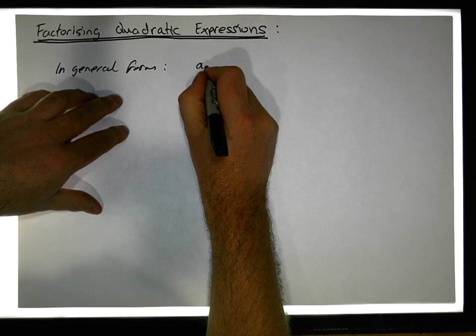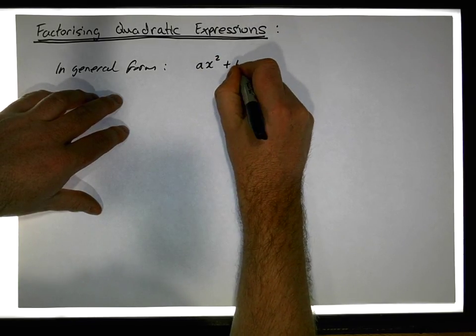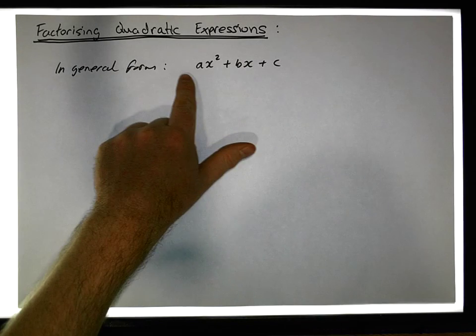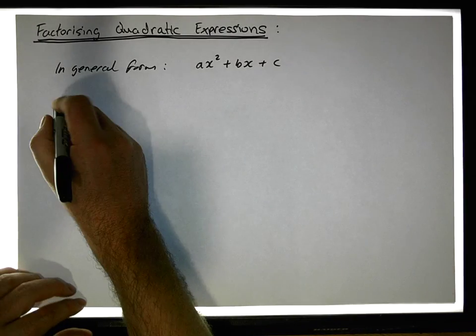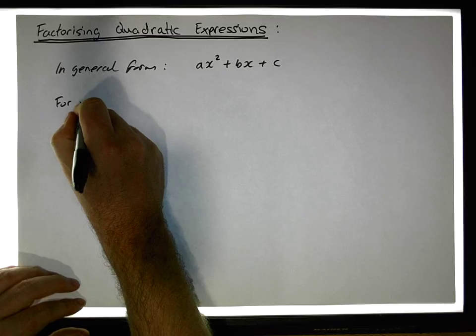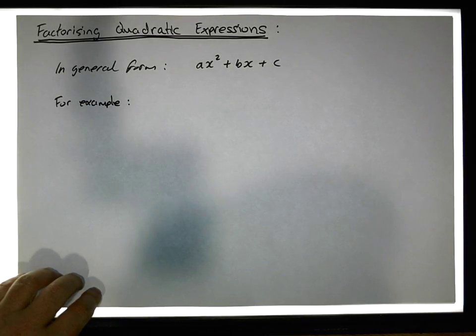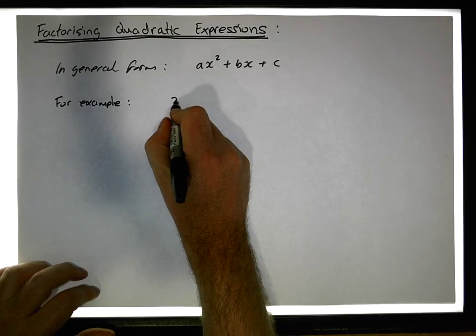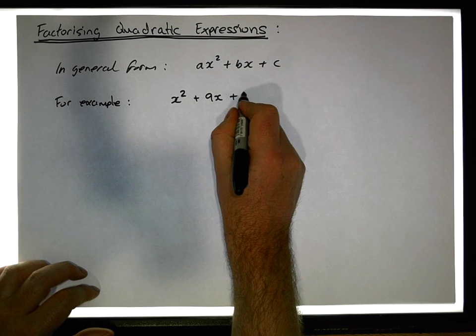It's typically a constant times x squared plus another constant times x plus another constant, where we're free to choose values for a, b, and c. So for example, a valid quadratic expression would be x squared plus 9x plus 14.